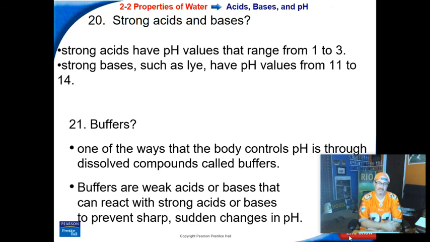So obviously, if these are important reactions that we need to happen inside of our body, we don't want the pH to change a whole lot because that's going to prevent the reaction from taking place, or it could potentially damage the reactants, like the enzymes. So these buffers are in our body to help kind of keep things stable. Okay.